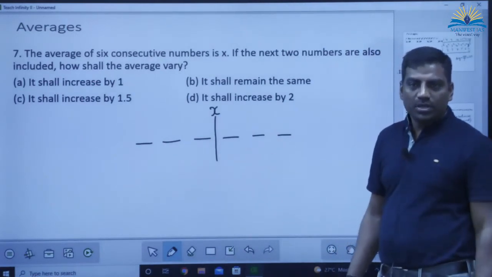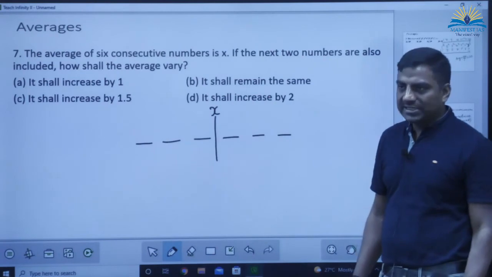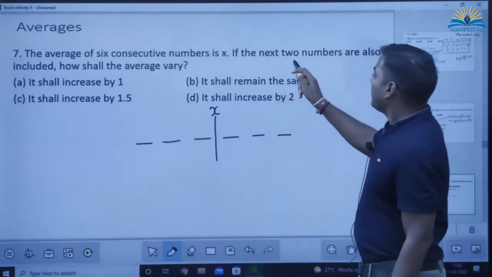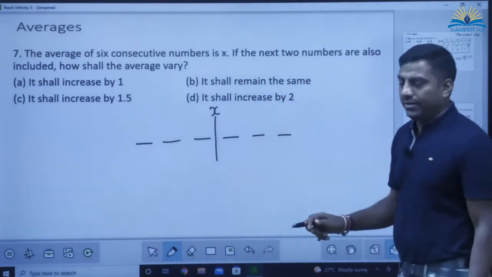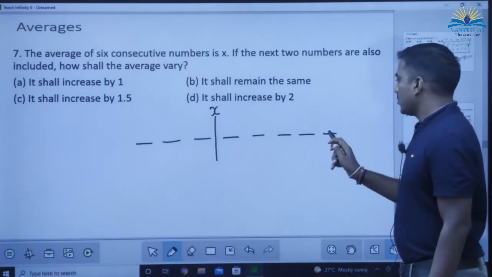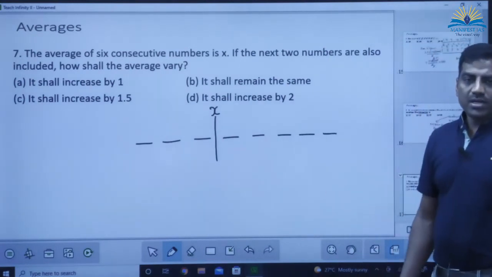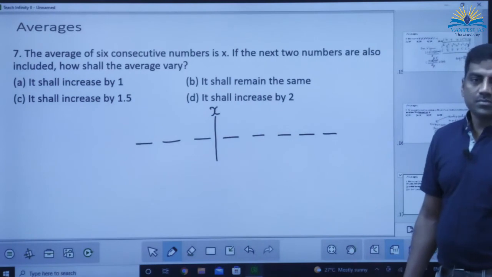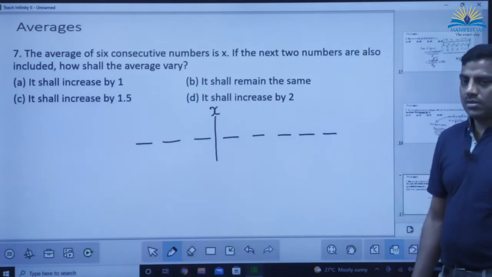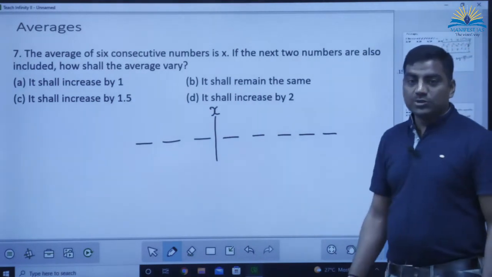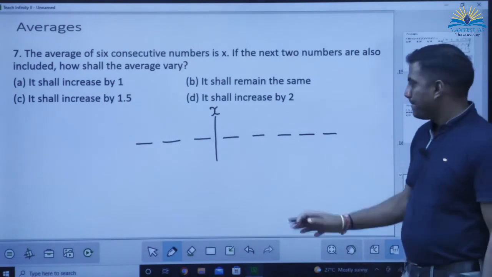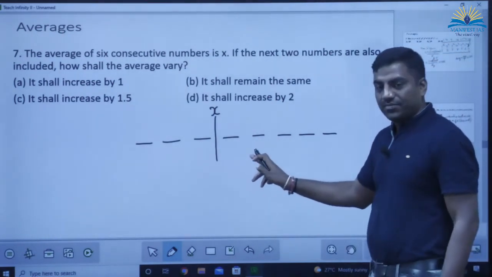Now, if the next 2 numbers are also included, then the average will come in the middle of the 4th and 5th.